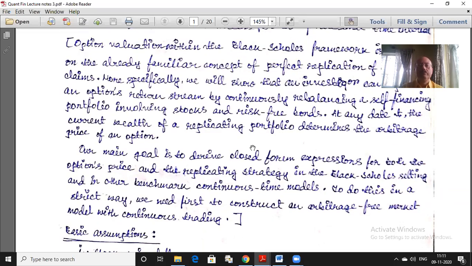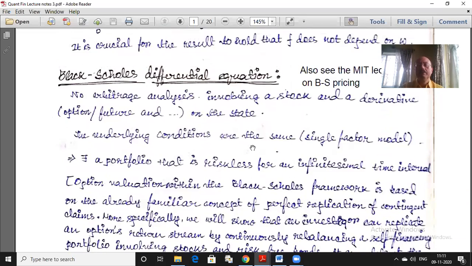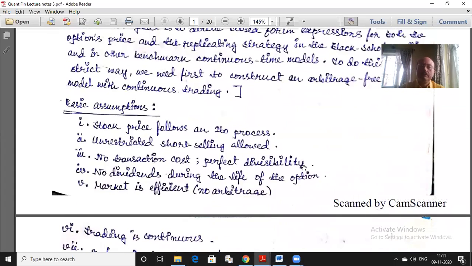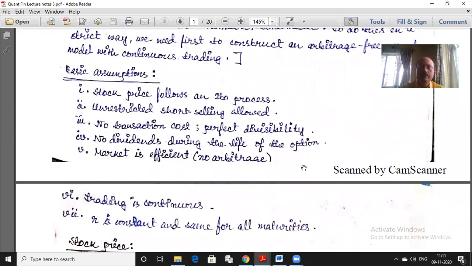But the basic setup that we are going to look at is the no arbitrage analysis in continuous time model. And the objective is to create a portfolio that is riskless for a very short time interval. So we will see how we can do that. And to do that, we take quite a few assumptions, and then we use the Ito formula.